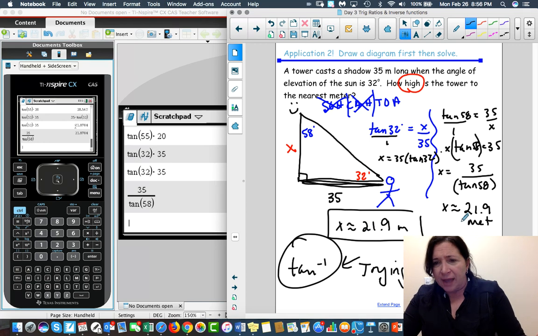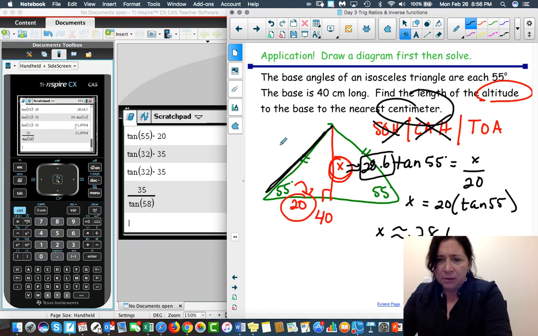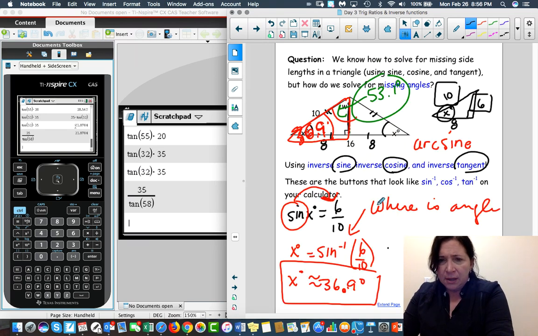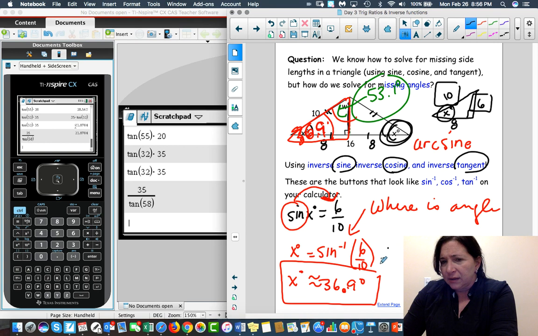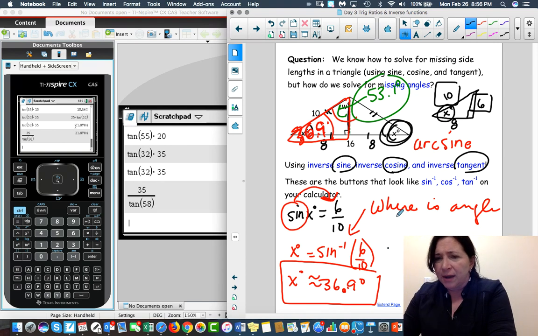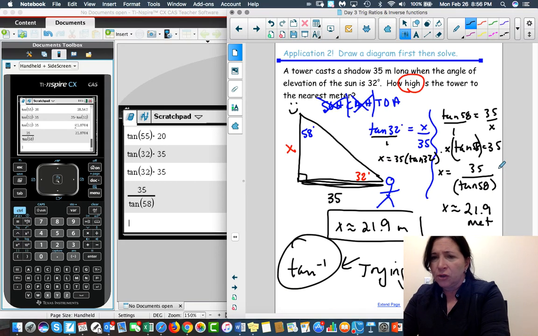You notice that I'm not using arc tangent, arc sine, or arc cosine here because I'm not trying to find the angles. I already have the angles. Whereas in this one, I didn't know what the angle was, so I used arc sine to find the angle. When you're trying to find an angle, you have to use the arc sine, arc cosine, or arc tangent. Use one or the other.